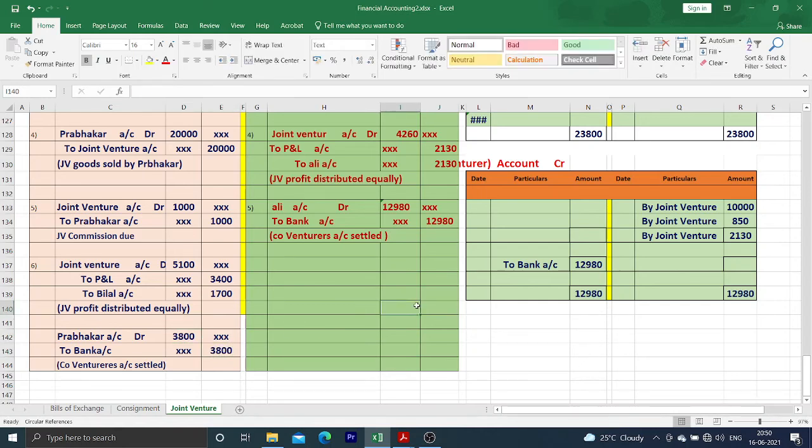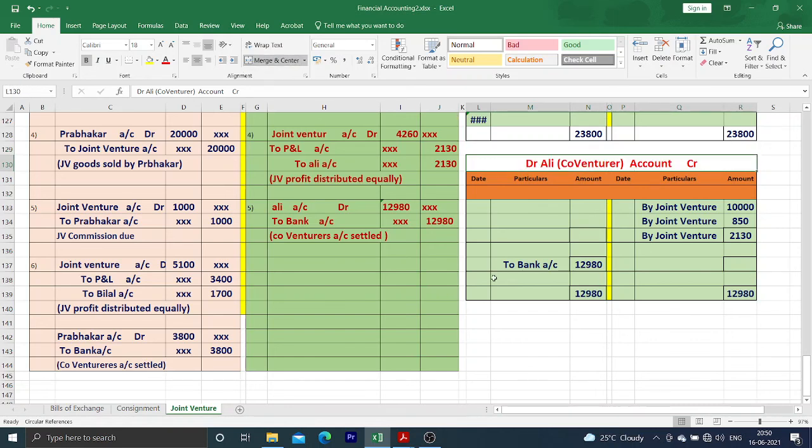That's all. Students, so you try to prepare journal entries in the books of Prabhakar, journal entries in the books of Prabhakar and the ledger account of Arjun in the books of Prabhakar. Try your level best. Students, bye. Try to solve this and share in WhatsApp.